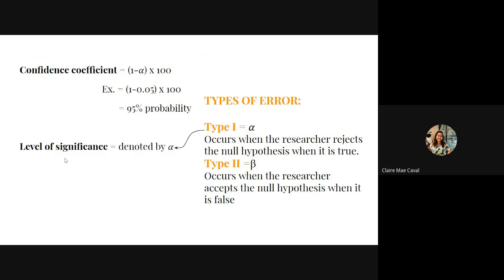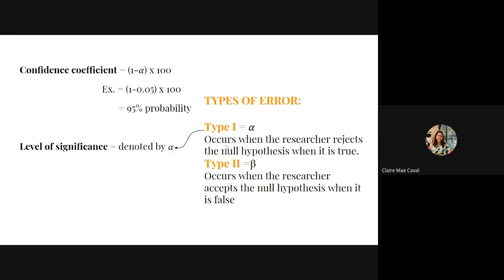Yung level of significance, it's denoted by the small Greek letter alpha. When you say 5% na level of significance, it means the researcher is willing to commit 5% of type 1 error. Bakit type 1 error? So these are the two types of error, class. You have type 1 and type 2. Type 1 is denoted by the Greek letter alpha, and type 2 is denoted by your beta.